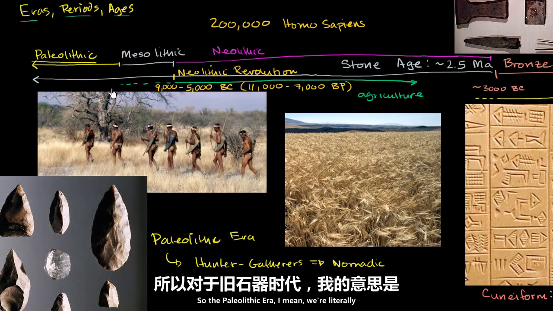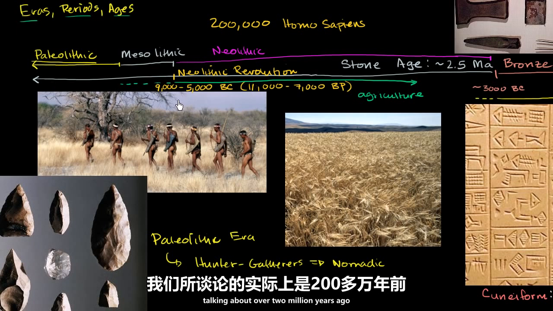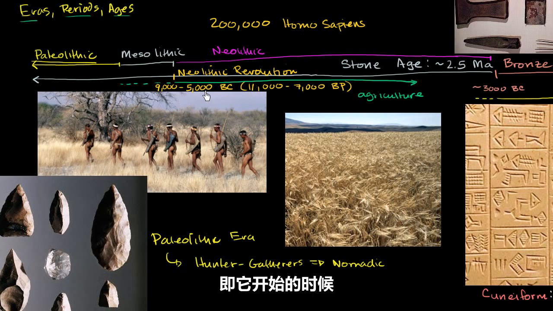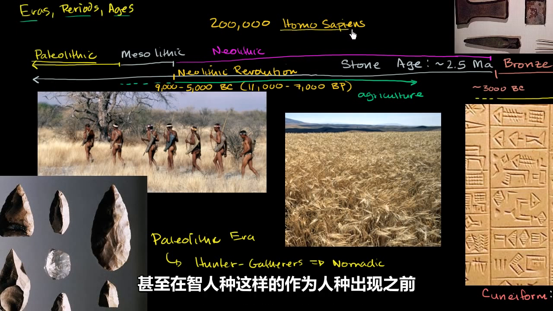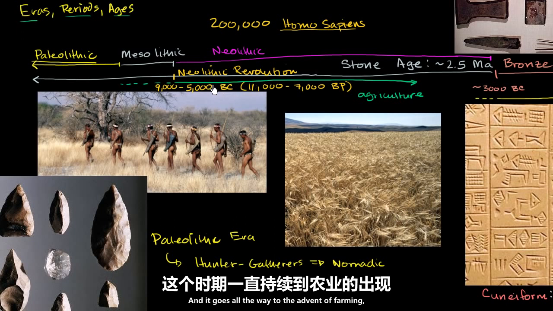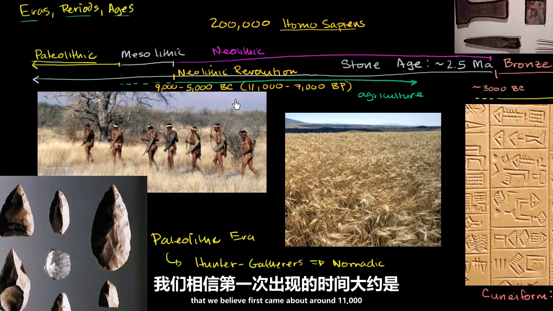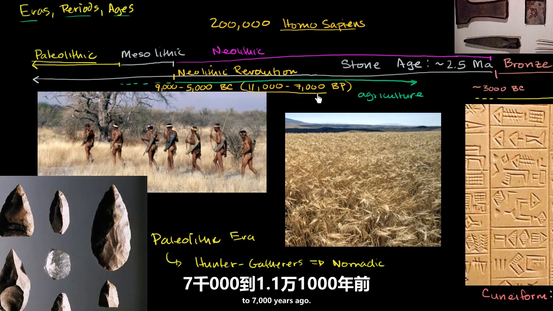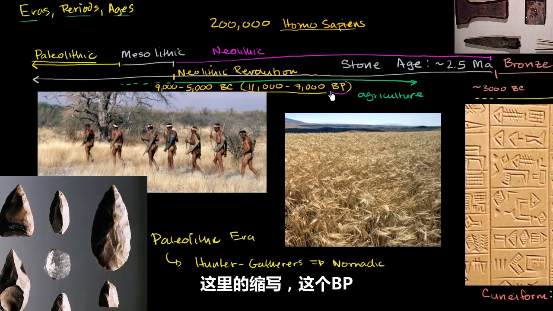So the Paleolithic era, we're literally talking about over 2 million years ago is when it starts, before Homo sapiens even existed as a species. And it goes all the way to the advent of farming that we believe first came about around 11,000 to 7,000 years ago. And this abbreviation right here, BP, does not stand for British Petroleum.